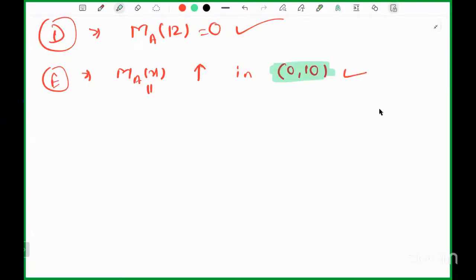Whenever they ask something about MA of x, they have given the range. So that means MA of x is increasing in this interval 0 to 10.